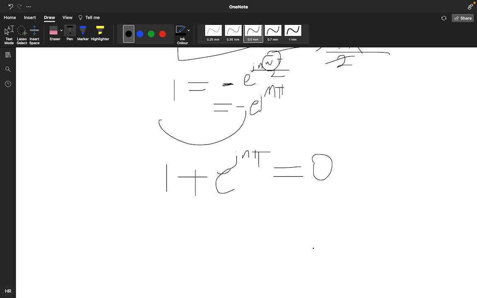Okay, now you tell me when this value will be 0. 1 plus e power j n pi. Suppose n is even, will we get the 0 value? If this n is even, can we get the 0 value?